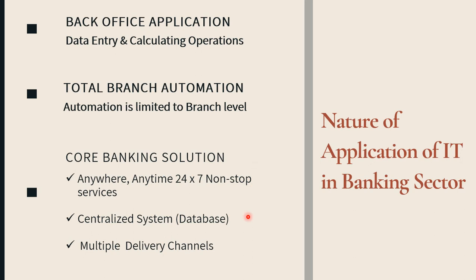To get banking services, we need not approach the bank branch. Apart from the branch, we can avail banking services through the internet, computer, mobile, and plastic cards like debit and credit cards. We can avail these services through multiple channels.